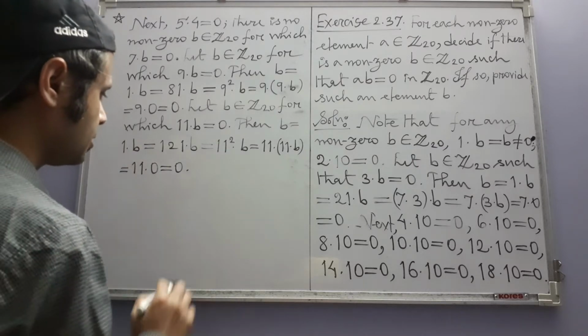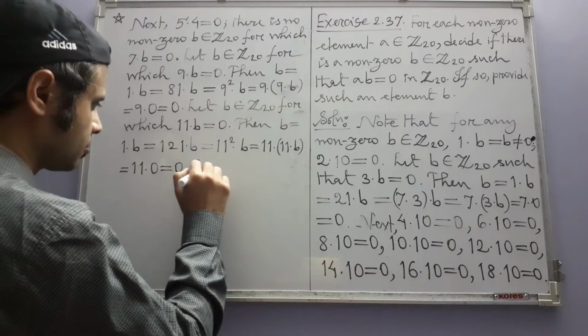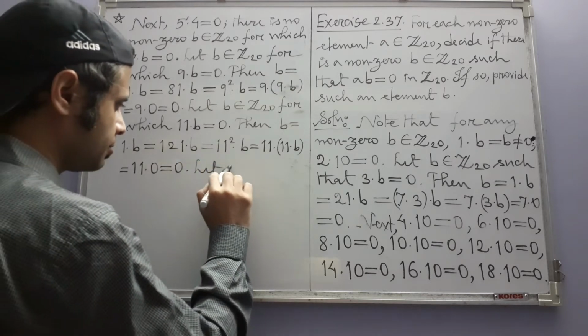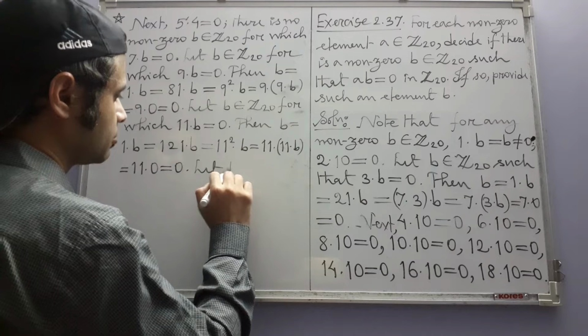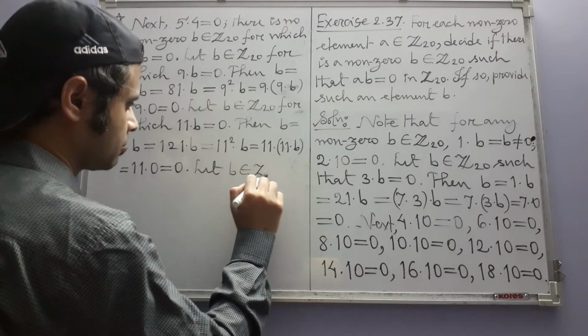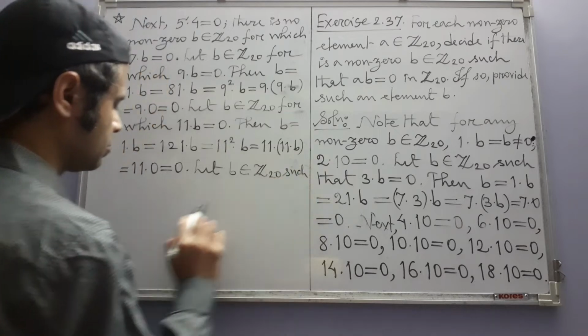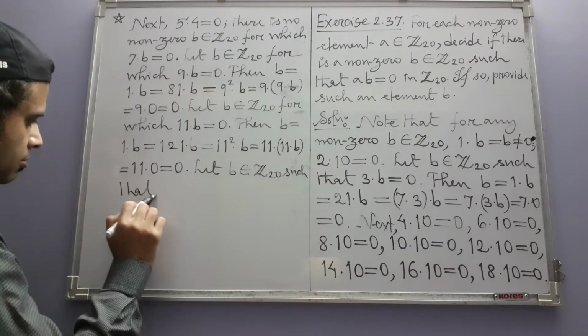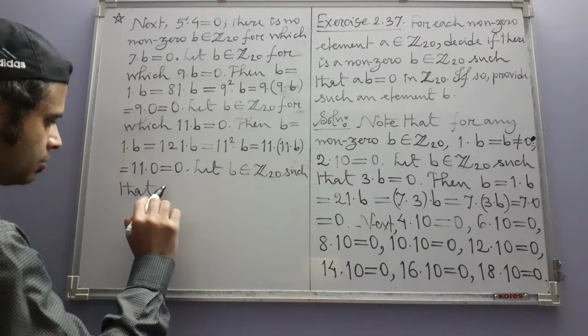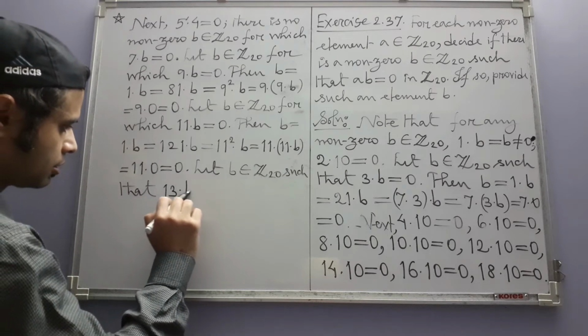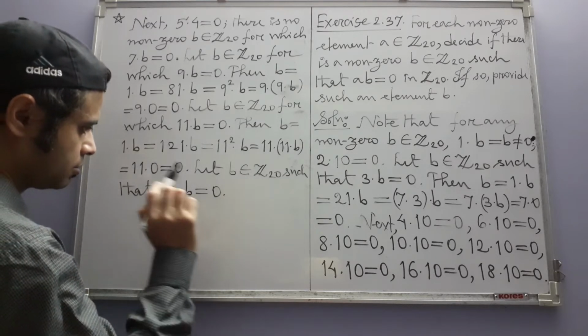Then what about 13? Let b be such that 13 times b is 0.